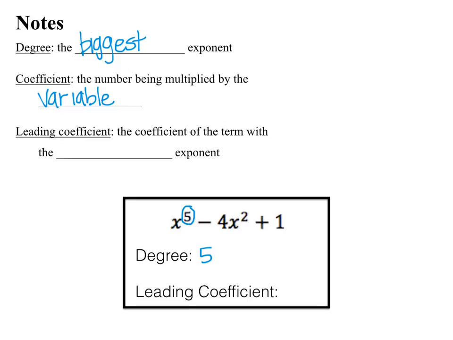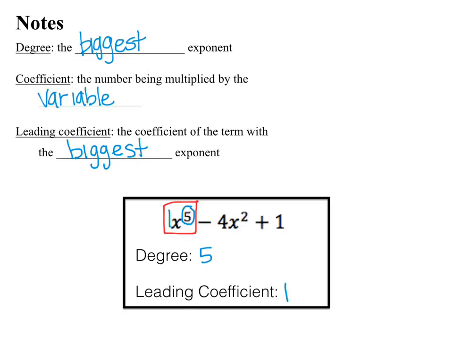The leading coefficient is the coefficient of the term that has the biggest exponent, or in other words, it's the term or piece of the polynomial that we get our degree from. So on this example, I get my degree from this x to the 5. I don't see a number written in front of x to the 5, but there's really a 1 there. So I would say here my leading coefficient is a 1.